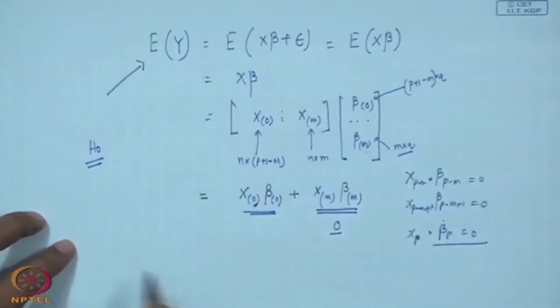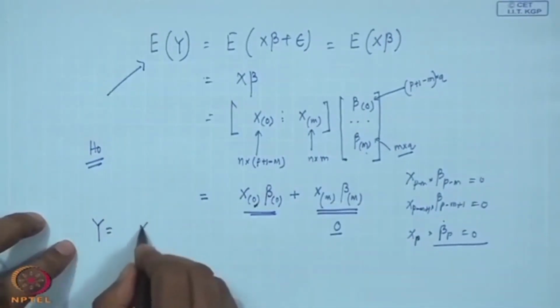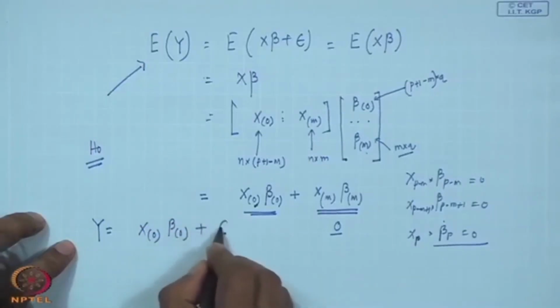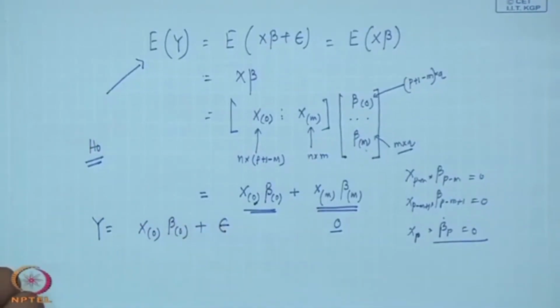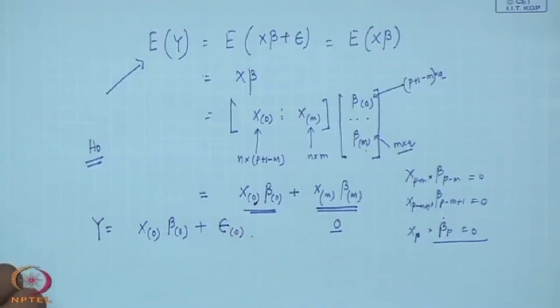Then under H0, y will be x0 beta 0 plus epsilon 0. See, this is under H0.